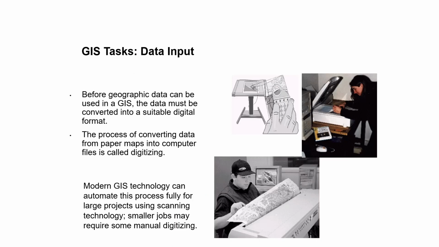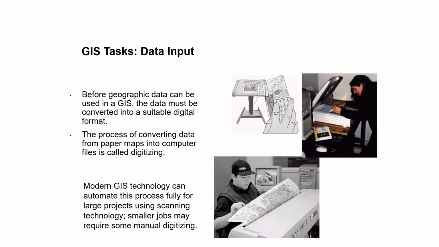The first step is data input. Before we can use our spatial data in GIS, we should put all the data inside the computer. The process of converting data from paper maps into computer files is called digitizing.